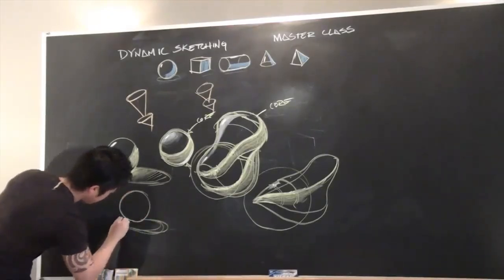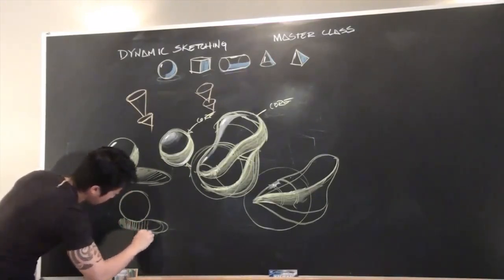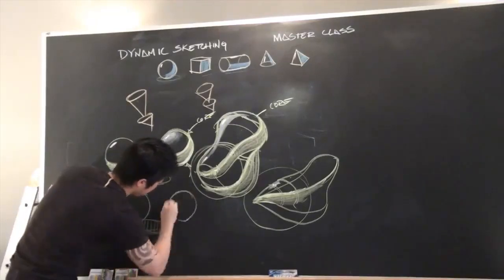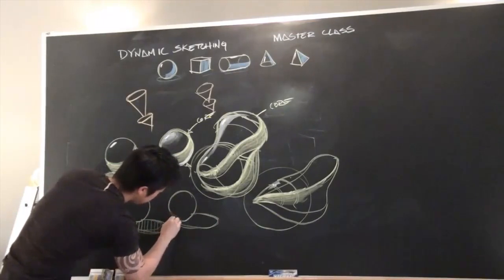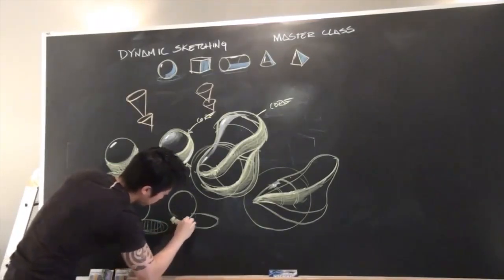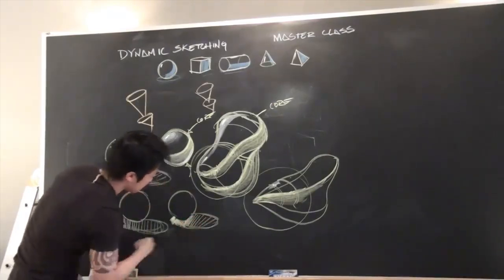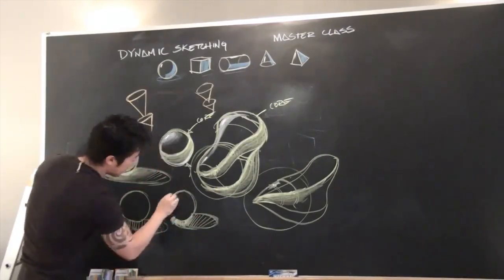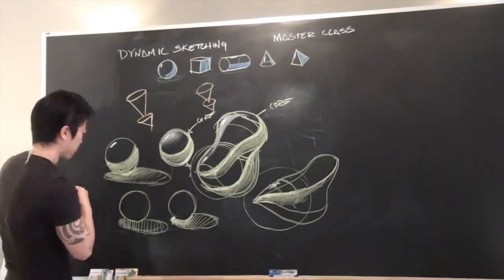Cast shadow. You could just do straight lines down as it goes out, less and less. You can go in multiple directions. As it progresses out, less and less. These are all exercises for you guys to continue to understand how to use the pen and get comfortable with it.